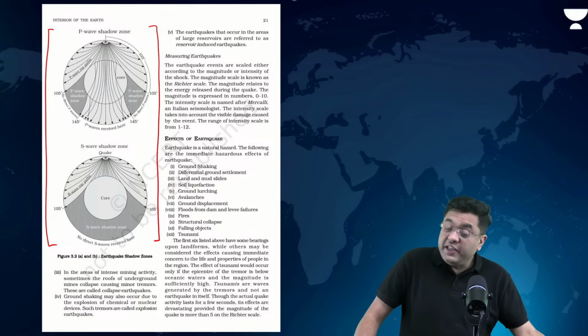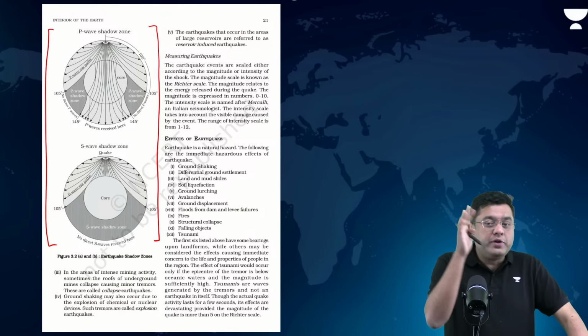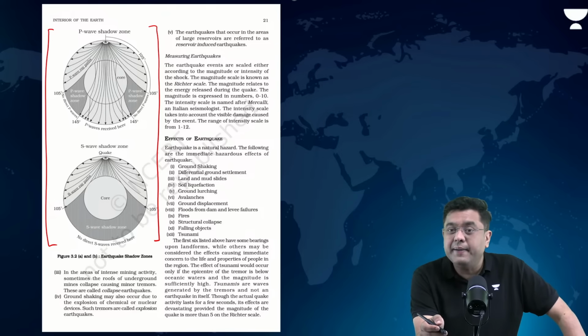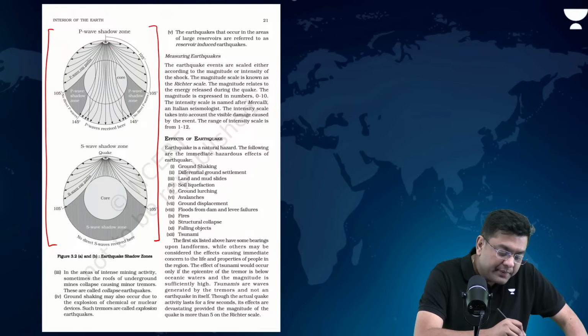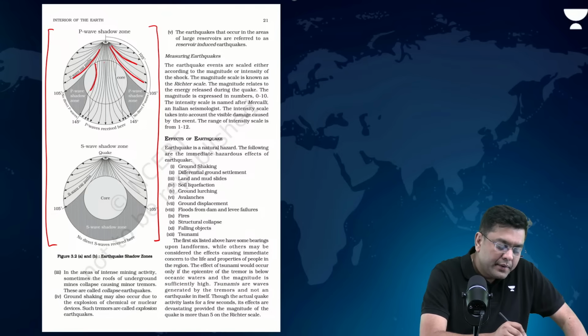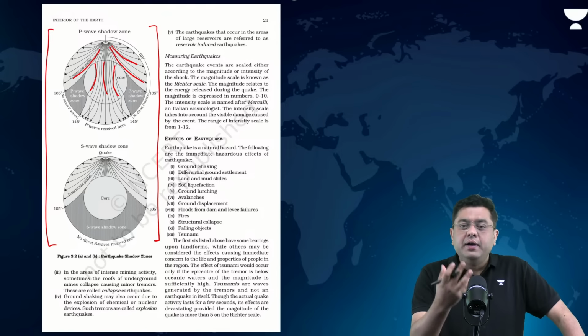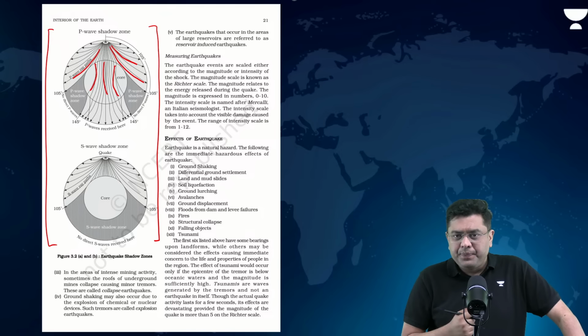However, these body waves do not distribute themselves uniformly in the interior. They bend, as you can see, and they have a kind of unequal path.